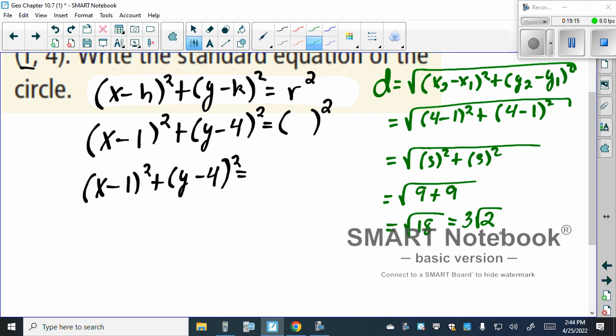Now, if I didn't have a calculator, I would plug in the radius as the square root of 18, because it's a little bit easier to see this here. Because if I square a square root, the square root and square cancel out.